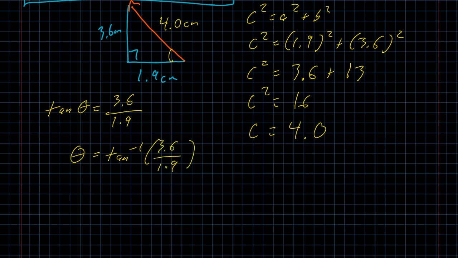And I need the inverse tangent, the angle whose tangent is 3.6 over 1.9. My calculator tells me that that angle is, I guess I have two significant figures, I'll call it 62 degrees. But unfortunately, that's not actually the angle we want.